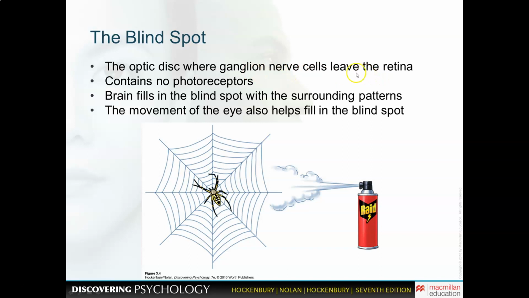I don't expect you to memorize that, but just know that the blind spot is blind because it has no photoreceptors in it, so light cannot be processed there. But what's interesting is that even though we have a blind spot, our brain fills in that spot with the surrounding environment patterns, so we won't experience a blind spot in our field of vision.